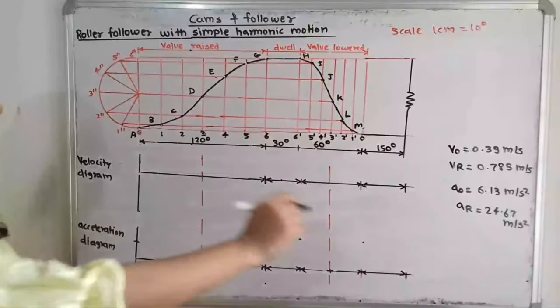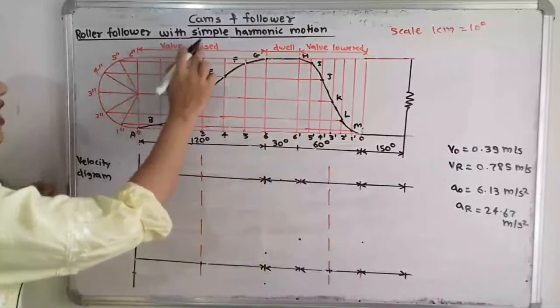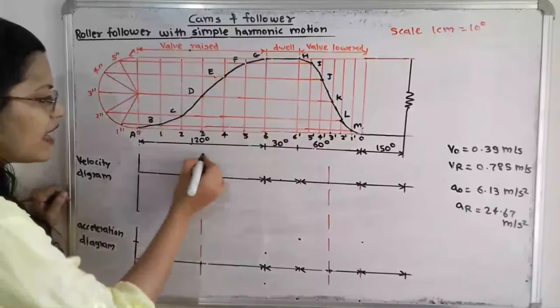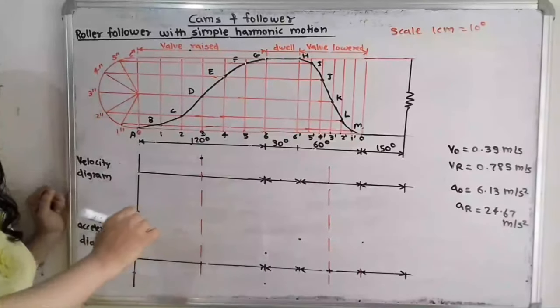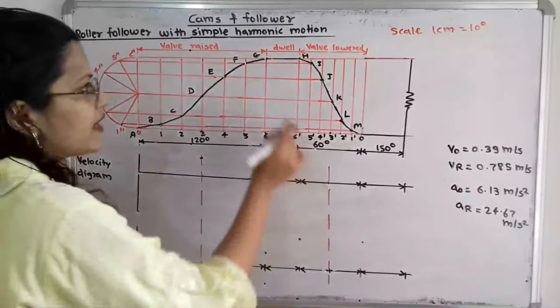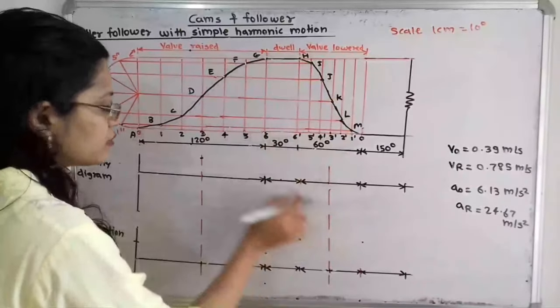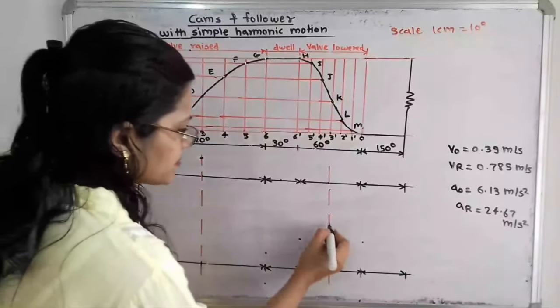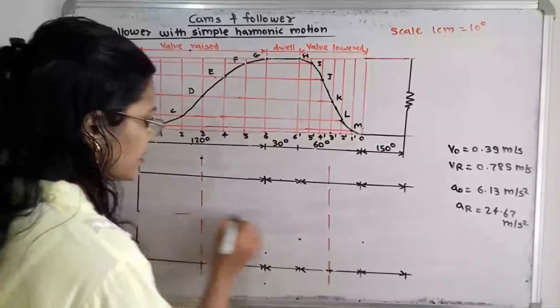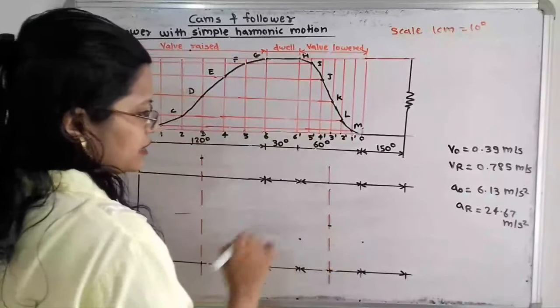So for the outstroke, when the valve is raised, the maximum value is maintained in the upward direction, and when the valve is lowered, that is during the return stroke, the maximum value is maintained in the downward direction.